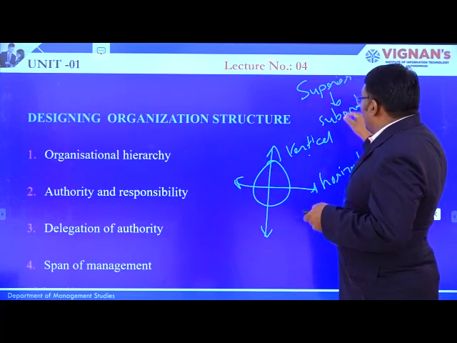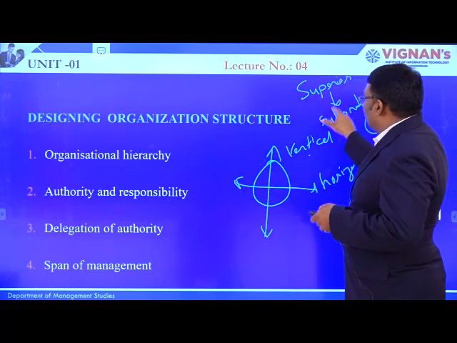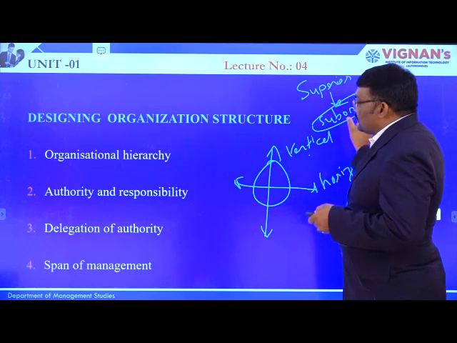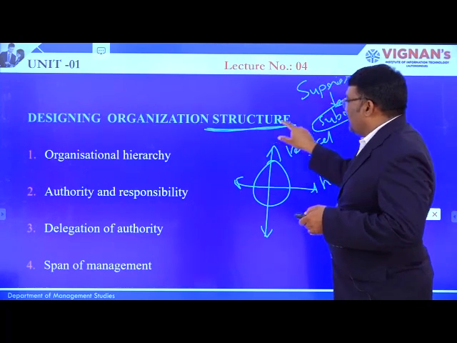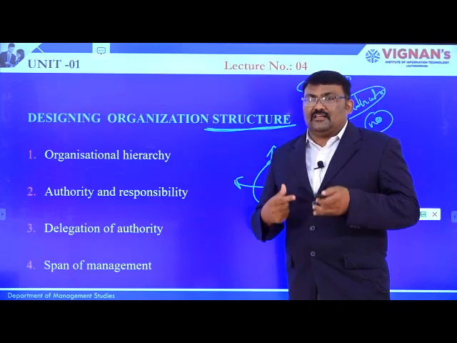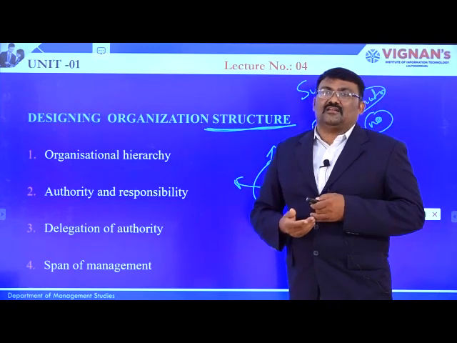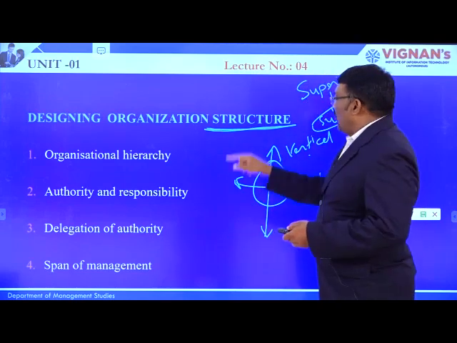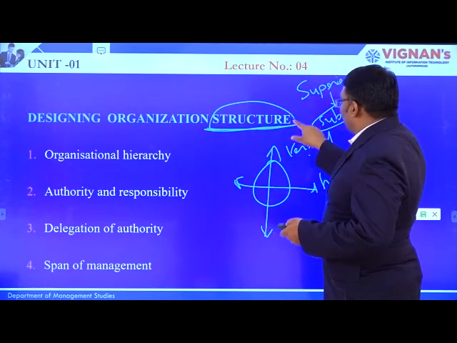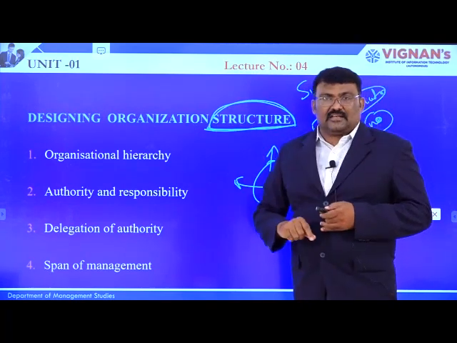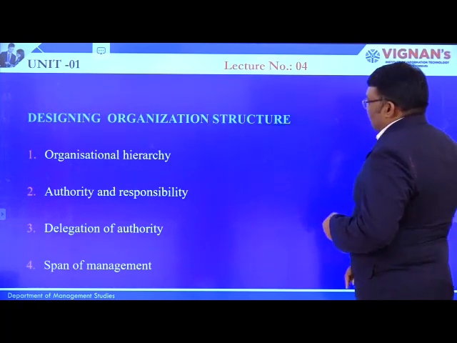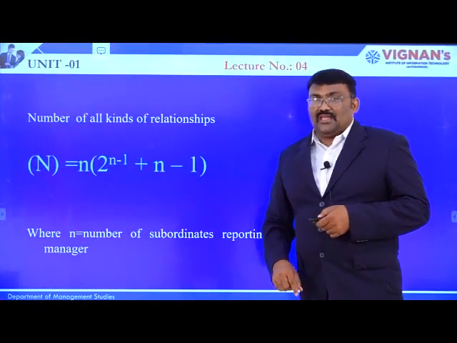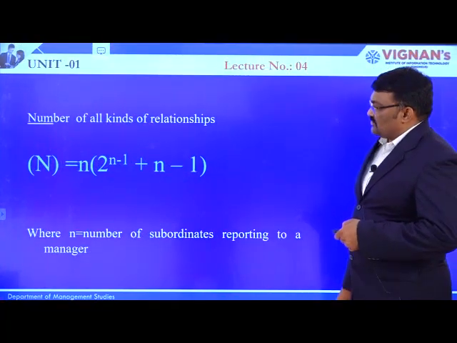That number of subordinates per superior is what is called the span, and it will give the best organization structure, maintaining the subordinate to superior relationship better, and making the overall structure of the organization better. We will see the span of management in the next slide, how it happens and how the relationships are.